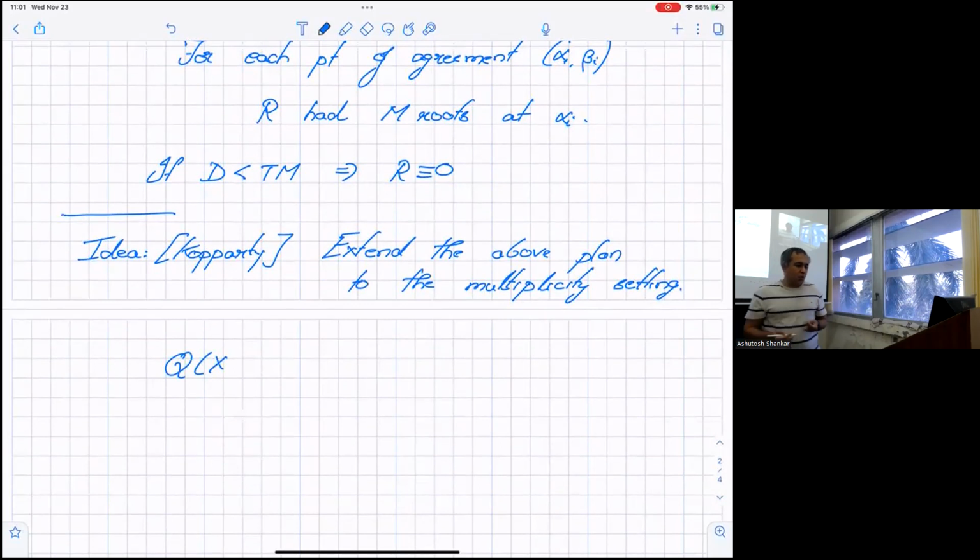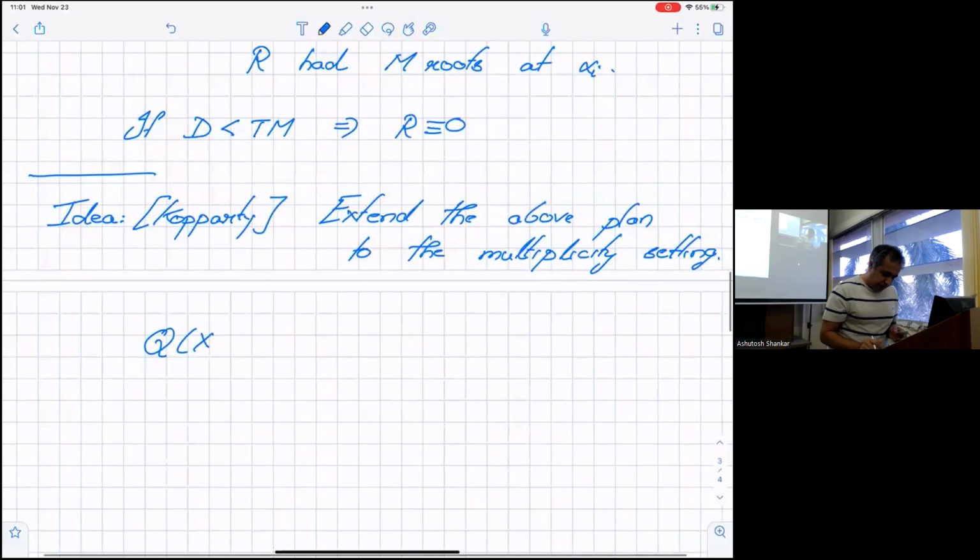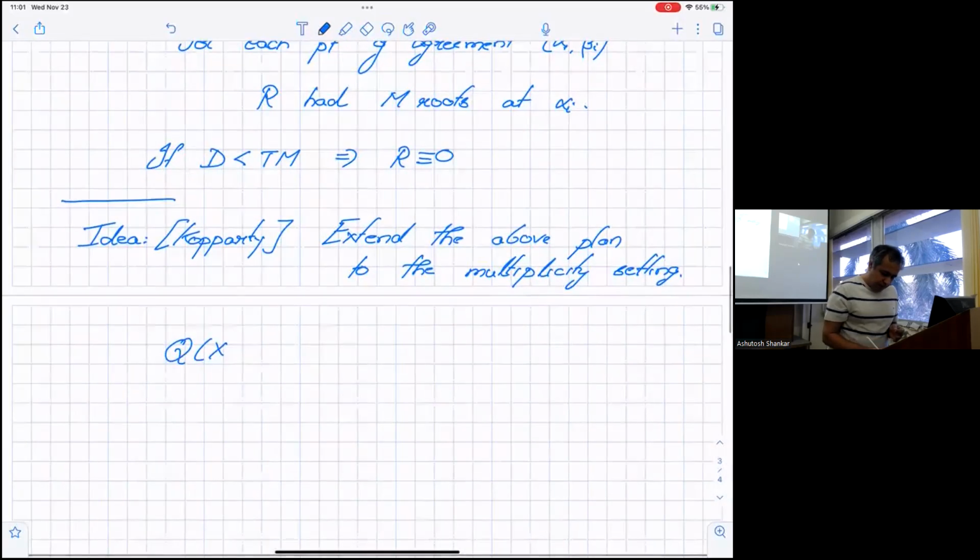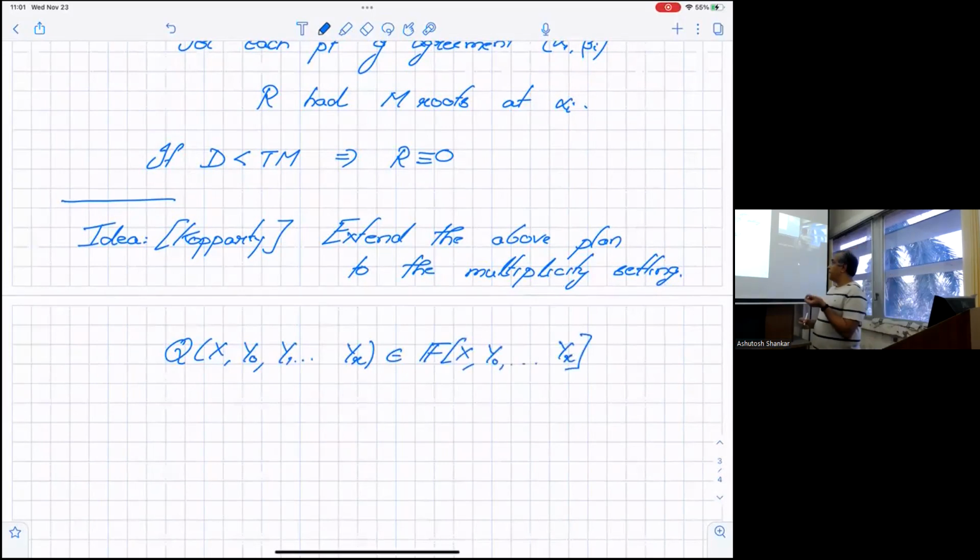So we possibly will want to take Q of X, Y0, Y1, all the way up to say YR. And R is a parameter which we have not talked about yet. So the question is, what is R?